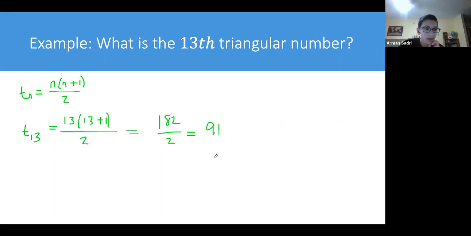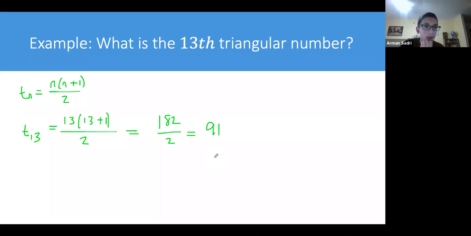91. Did everybody get the same, or did anyone get something different? I got something different. What'd you get? I got 78, and I didn't do it your way, but I figured out another way to do it. You start from 0, right? And you go all the way up to the 13th triangular number.